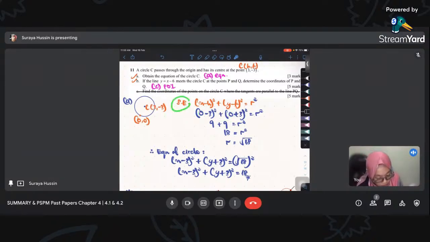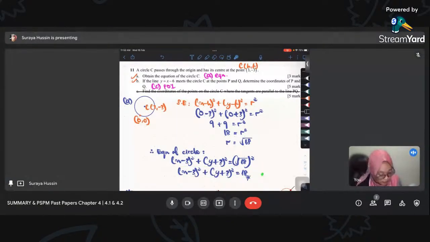Ya, you boleh masukkan ke dalam standard equation ni. And then you masukkan juga point center. And so you got the radius. You got the radius already. Yeah, you are happy sebab nak buat equation of circle mesti ada radius, mesti ada center. You dah ada center, you dah ada radius. Ngam lah. Bolehlah dapat equation of circle.